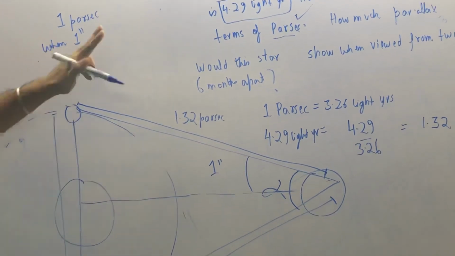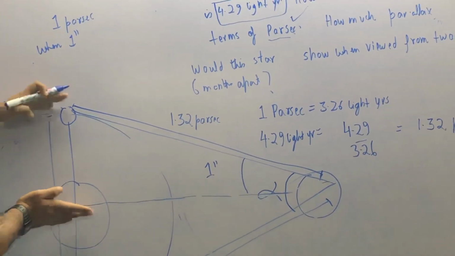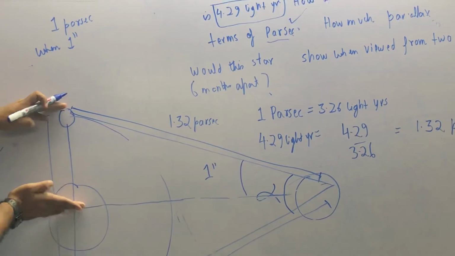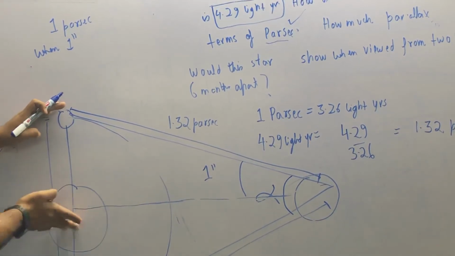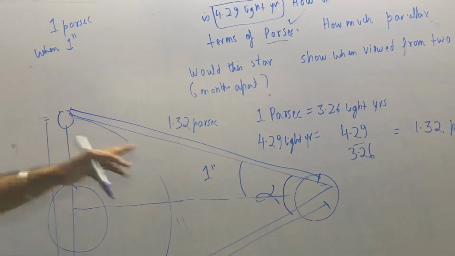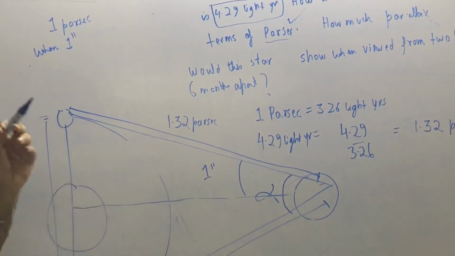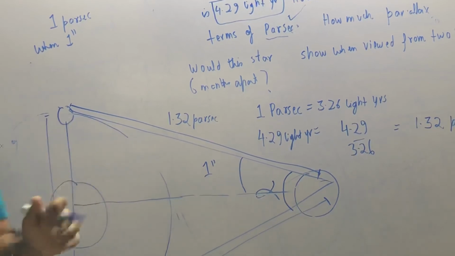So this 1 parsec subtends the angle at the distance of Earth and the Sun, that is, 1 astronomical unit.